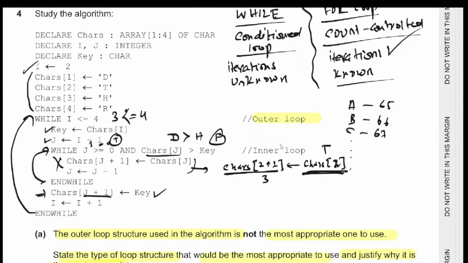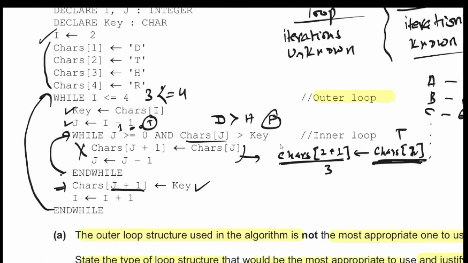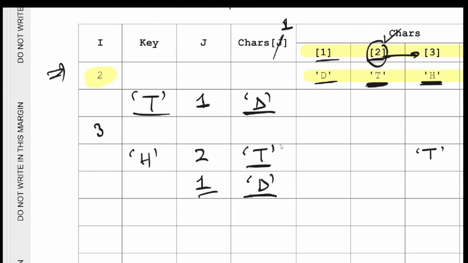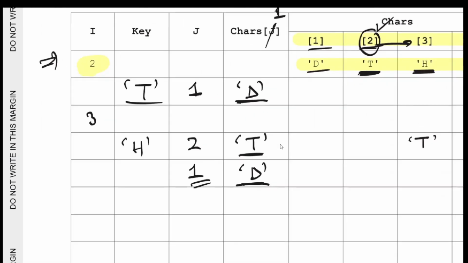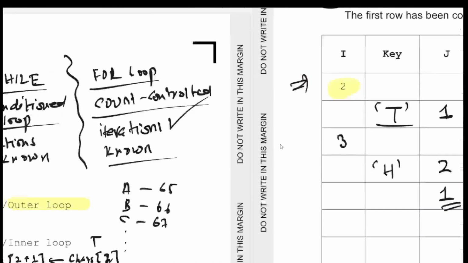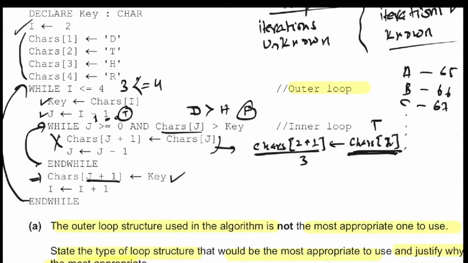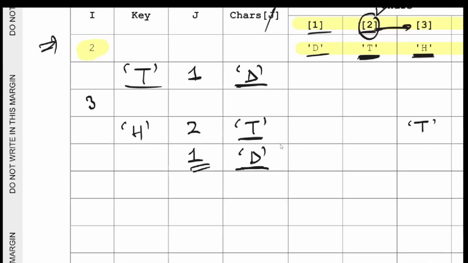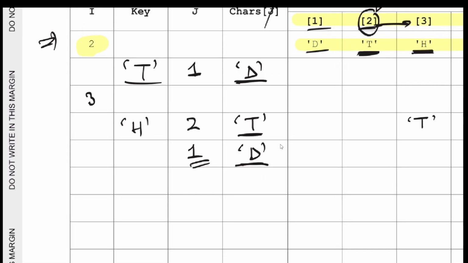Chars J plus 1. So the last value in the J was 1. So 1 plus 1 is 2. 2 पे क्या लेगा? 1 plus 1. J plus 1, 1 plus 1 is 2. 2 में आप key की वैल्यू डालोगे. 2 पे key की वैल्यू क्या थी? H.